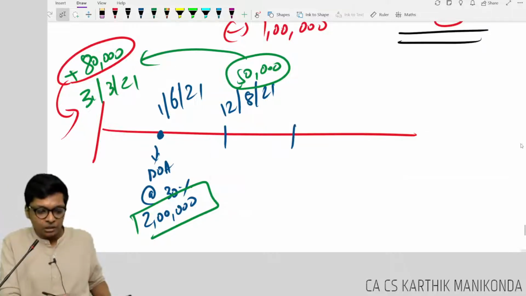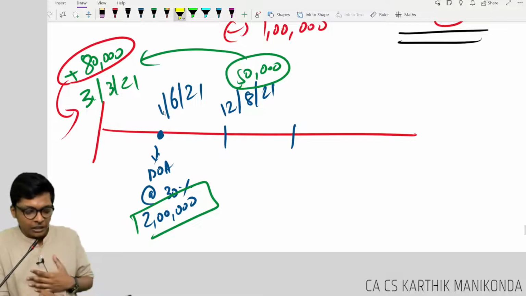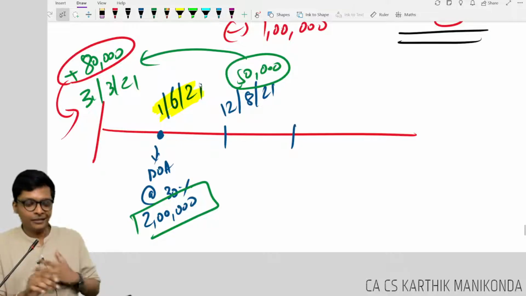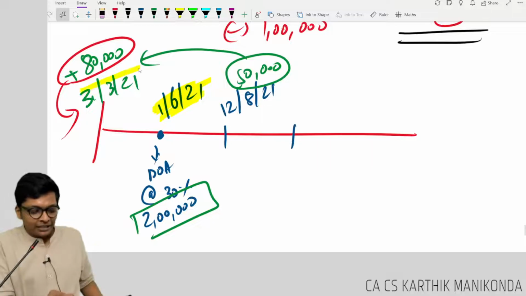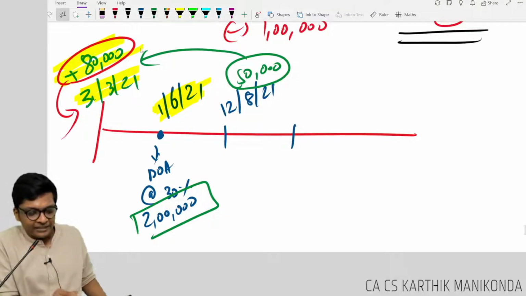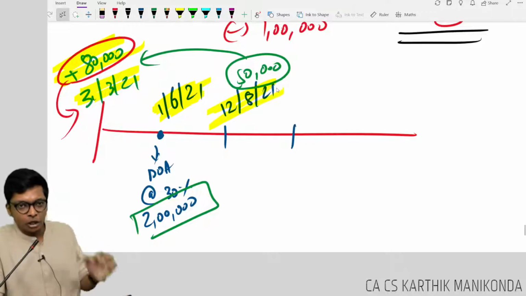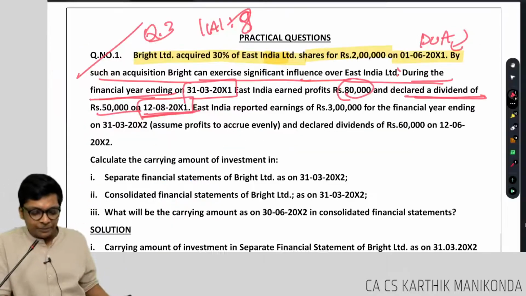Are you following, guys? See, only dates are confusing. Acquisition is on 1st June, sorry. Restart. Acquisition is on 1st June. 31st March 21, previous year ending profit is 80,000. This year 12th August dividend is paid from previous year profit, so it's a pre-acquisition dividend.